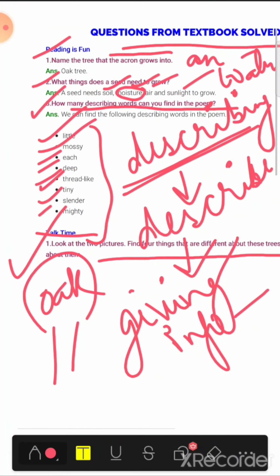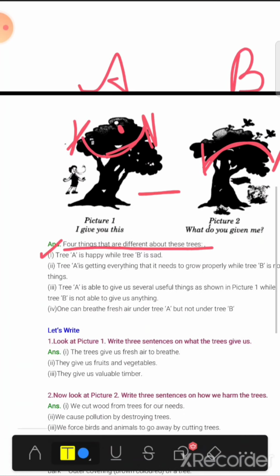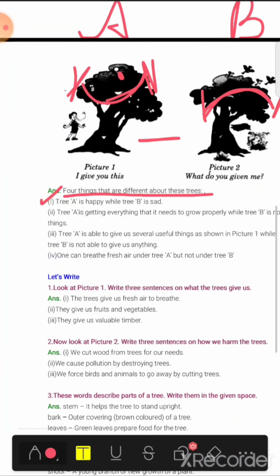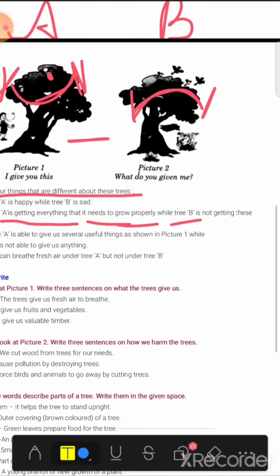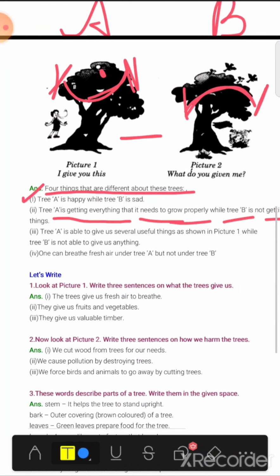All the things which a tree needs, which a seed needs: soil, moisture, air, sunlight and love of children. Tree A is getting everything it needs to grow properly, while tree B is not getting these things to grow.